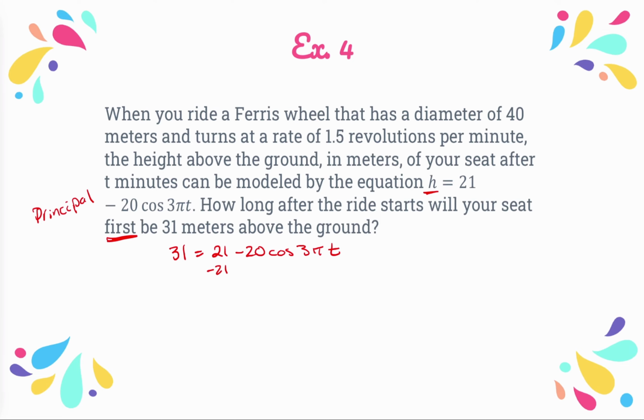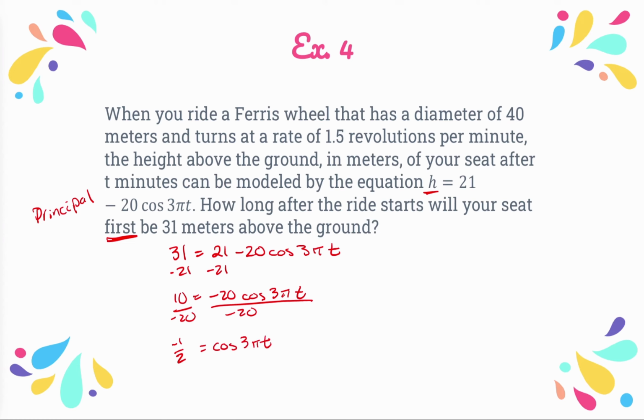So we're going to minus 21 from both sides. 10 equals negative 20 cosine 3 pi t. Divide by negative 20. Negative 1/2 equals cosine 3 pi t.